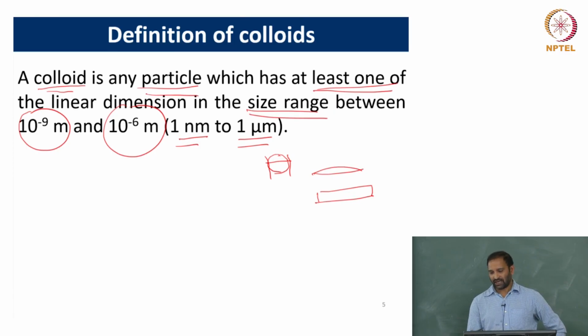So if I take a 2-dimensional ellipsoid, you need the length of the major axis and the length of the minor axis to define the size of the particle. So in such a case, if one of them, in this case B, is smaller, as long as B is in the size range from 1 nanometer to 1 micrometer, that is still called a colloidal dispersion.